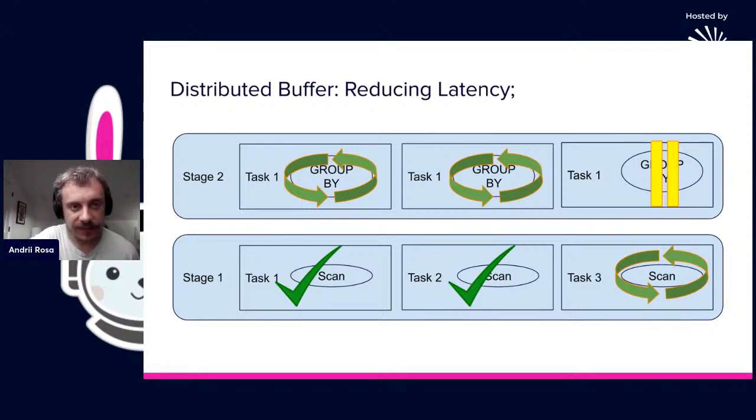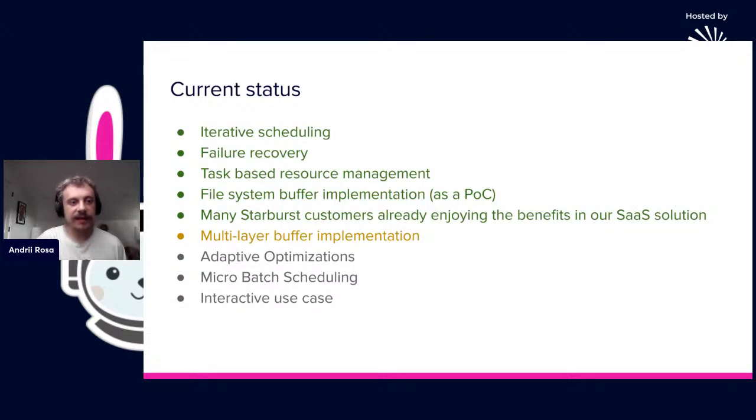Now, speaking about the current status. At this moment, Trino already supports iterative scheduling. It supports failure recovery. It also supports advanced fine-grained resource management. Trino also provides a proof of concept implementation for the buffer. It is limited, but it is a fully working solution, and it is production ready.